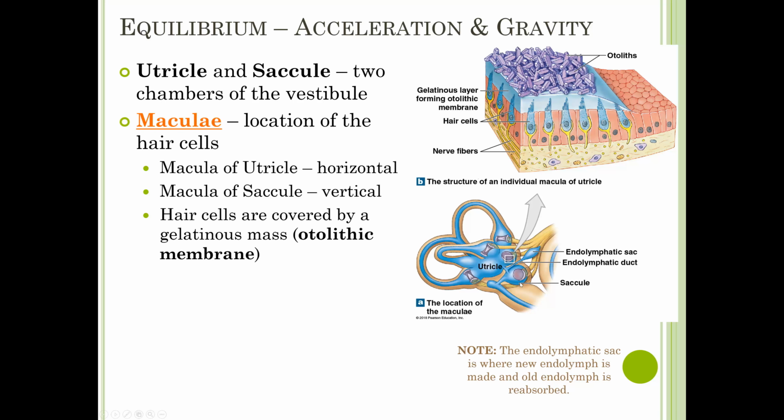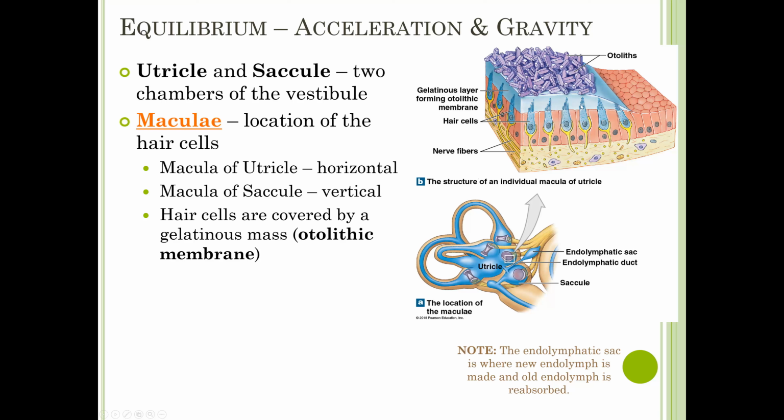If we take a closer look at each of these maculae, as shown up here at the top part, you can see that the hair cells that are located in this area have their cilia embedded in a gelatinous mass, and this is very similar to what we saw in the ampulla of the semicircular canals. This gelatinous mass here is called the otolithic membrane.